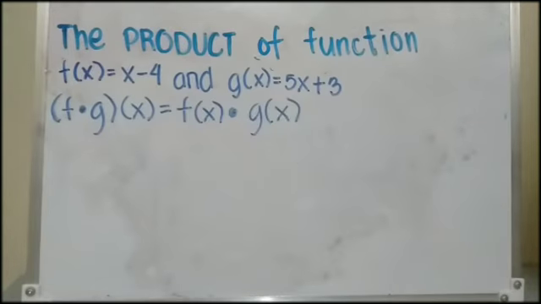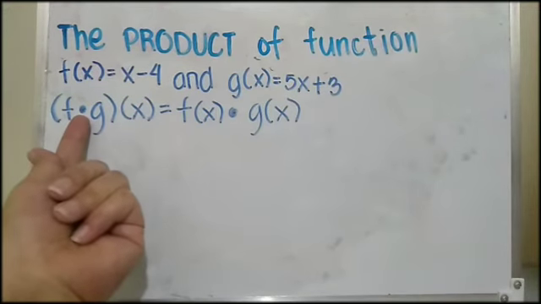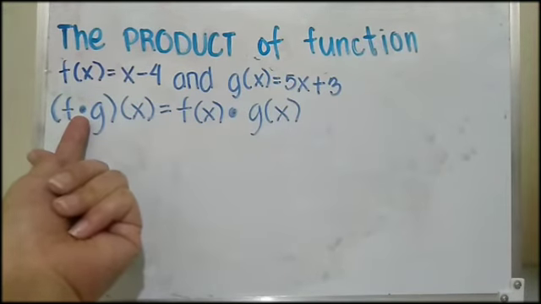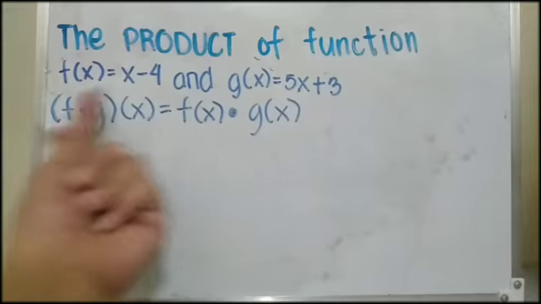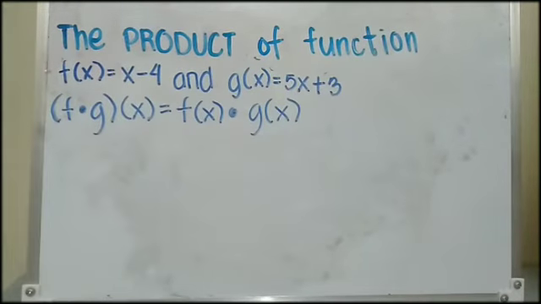We are now on the third type of operation of functions, which is the product or the multiplication. So we will use this, which means multiply. So let's say the value of f(x) is x minus 4 and g(x) is 5x plus 3.